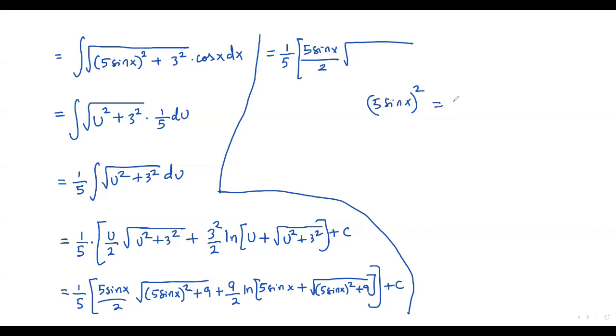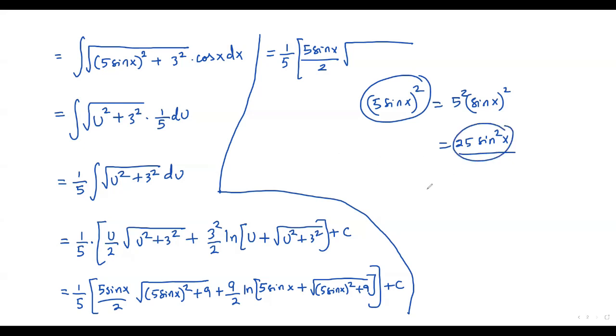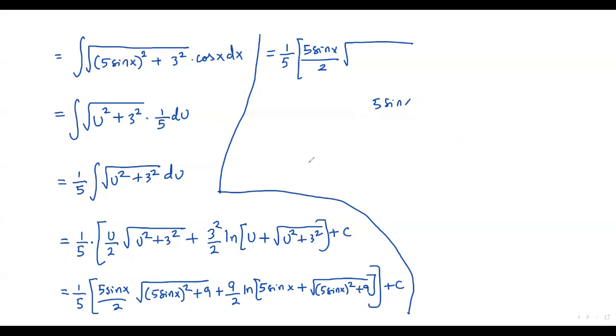When I do so, I'll get 5 square times sin x the whole square. Further, 5 square can be written as 25, and sin x whole square can be written as sin square x. So 5 times sin x the whole square equals 25 times sin square x. So we can plug in this 25 times sin square x for this 5 times sin x the whole square.